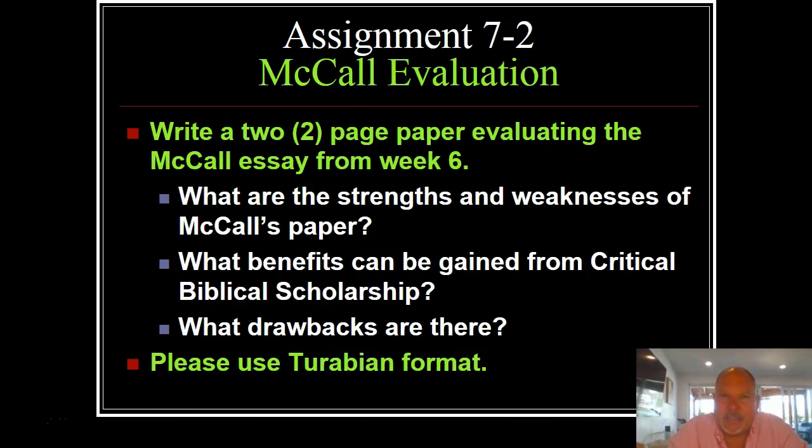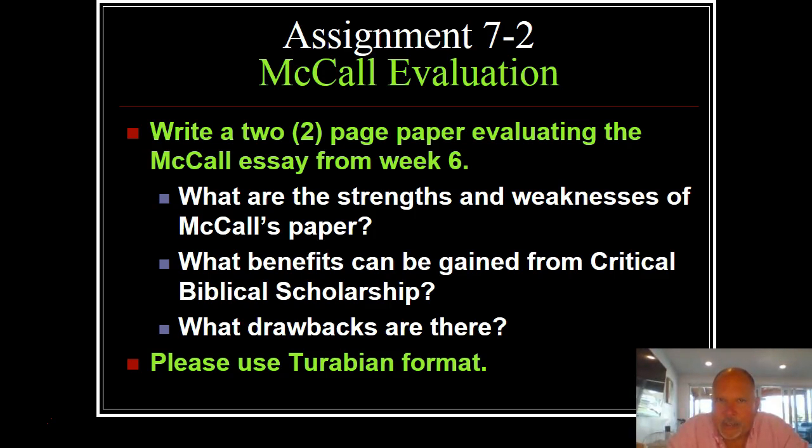Now for assignment 7.2, it's called the McCall evaluation. Write a 2-page paper evaluating the McCall essay for week 6. So read McCall and evaluate it. What are the strengths and weaknesses of McCall's paper? Now for both, you're going to want to interact with McCall, but it's not just your opinion. It's your opinion based upon what evidence.